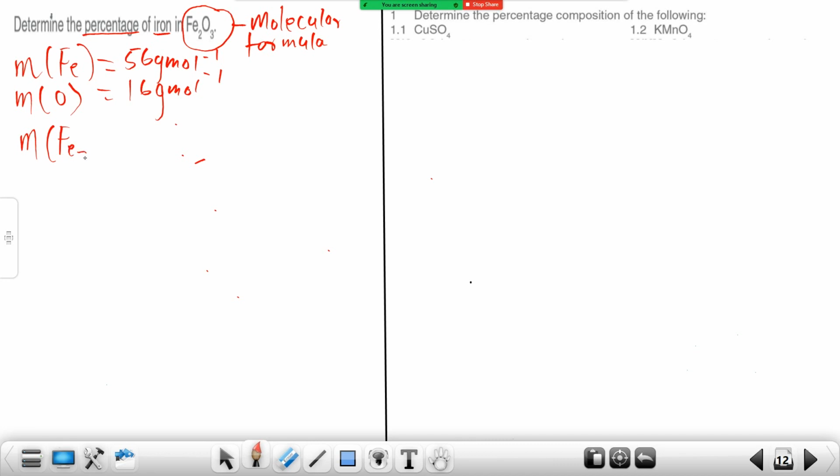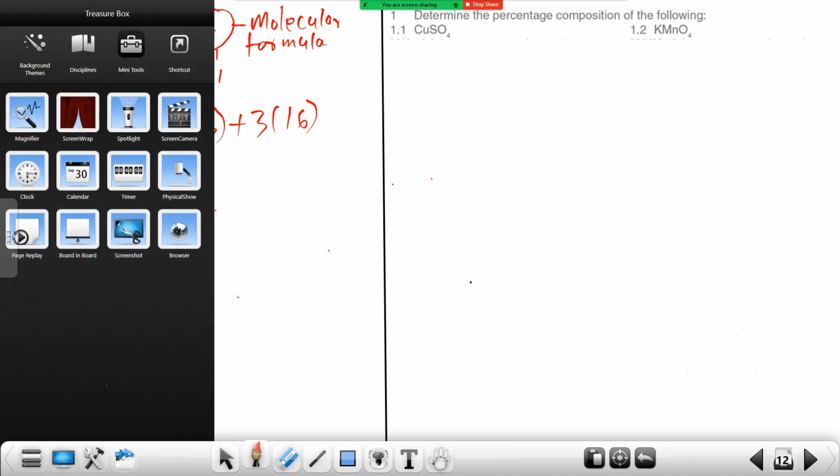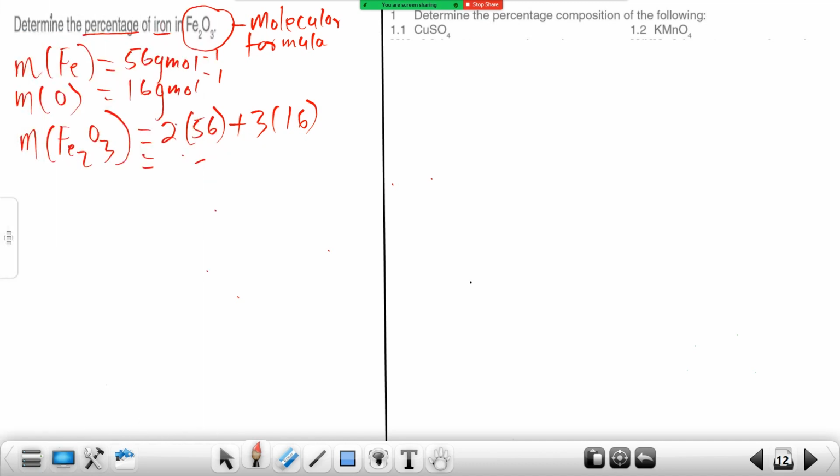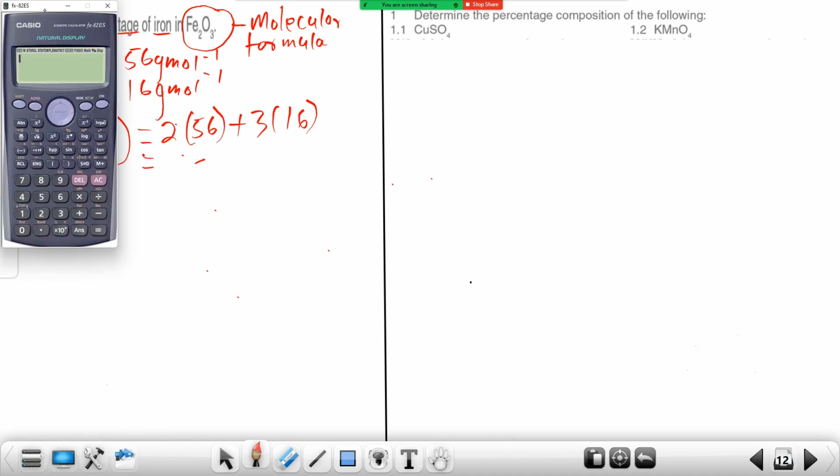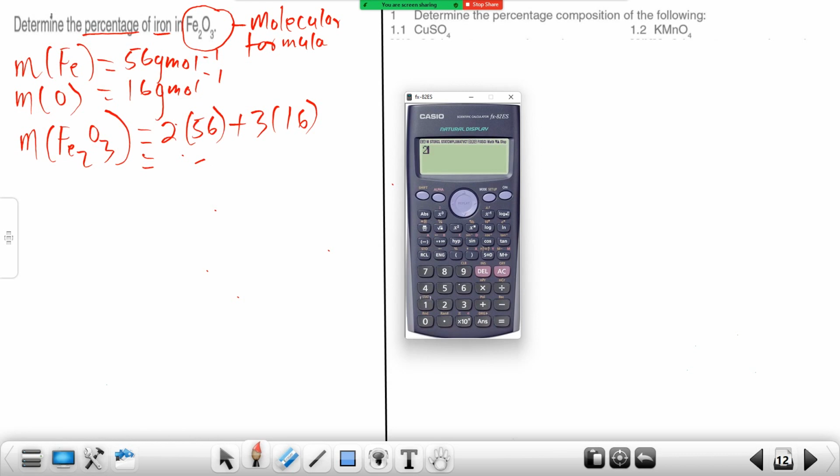So the total molecular mass of Fe2O3 will be 2 multiplied by 56 plus 3 multiplied by 16, which will give me something like 160 grams per mole.